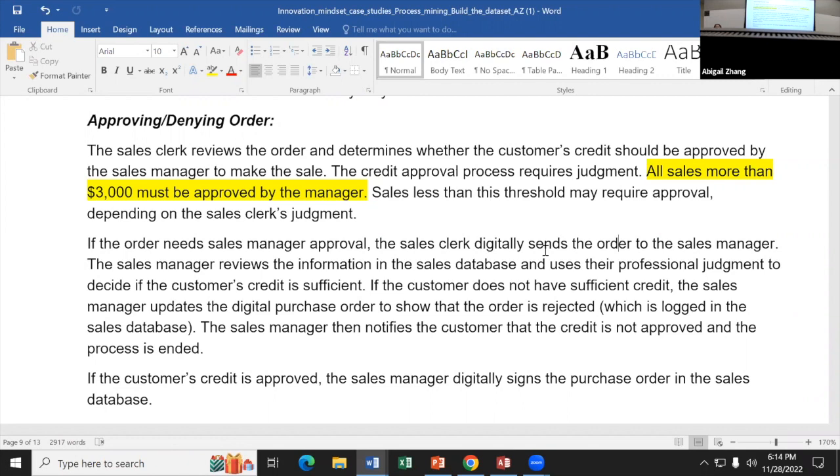So first, if I sell this product, I will debit accounts receivable, credit revenue. And then when you pay me, I will debit my cash and credit my accounts receivable.